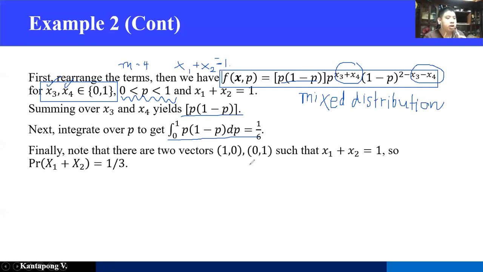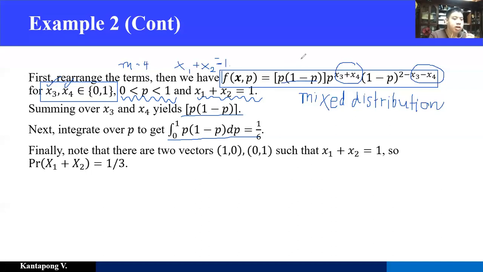Then note that we found only one kind of distribution. Here we implicitly assumed that we take, let's say, either (1, 0) or (0, 1), just one combination. But there are two combinations. Think of it as the binomial distribution.